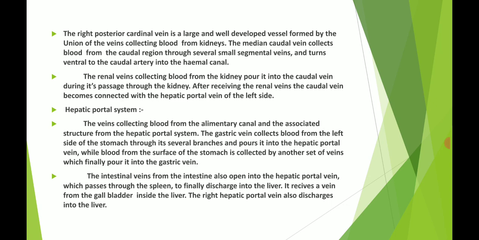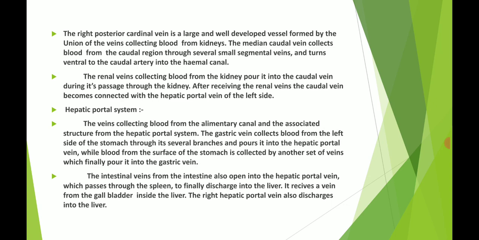Then, after receiving the renal veins, the caudal veins become connected to the hepatic portal vein. Firstly, we are seeing the anterior system, which is connected to the posterior region.